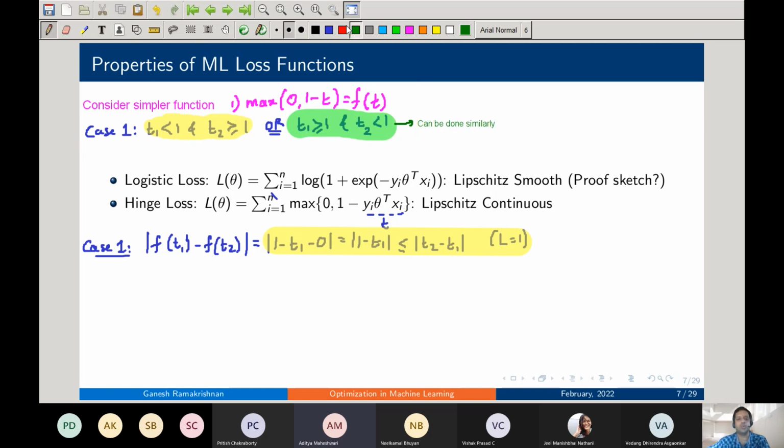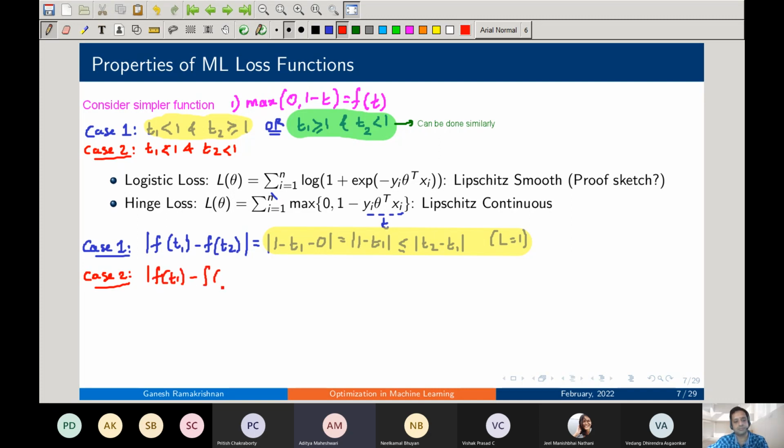Let's look at case 2. What would be case 2? You'll have both of them less than 1. t1 less than 1 and t2 less than 1. Then what would happen?